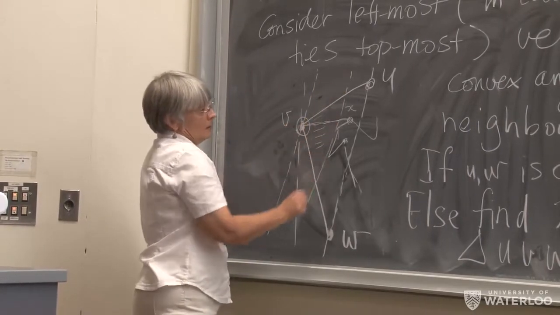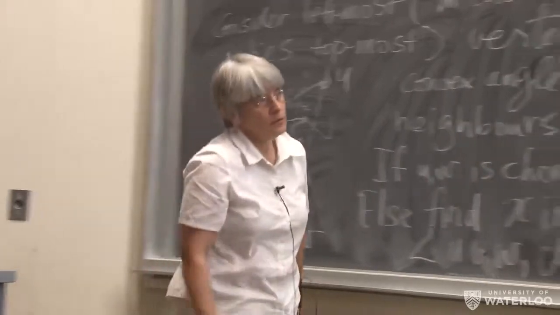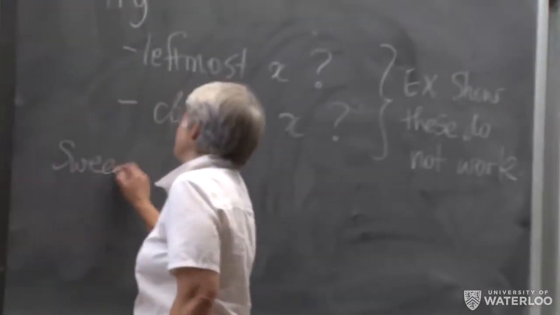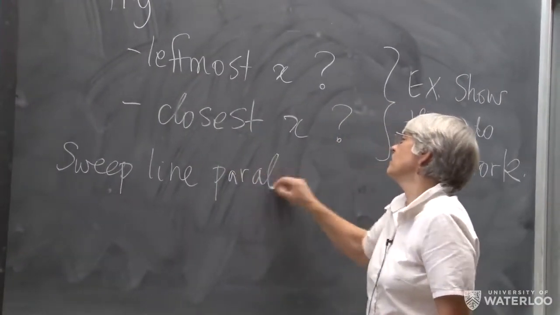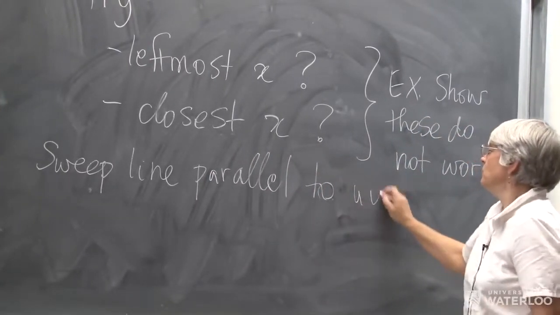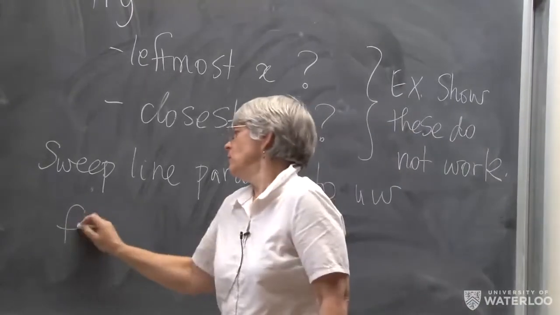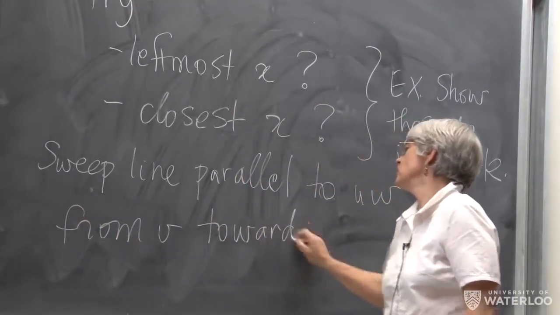So this will be our x. OK. So sweep a line parallel to UW from V towards UW.